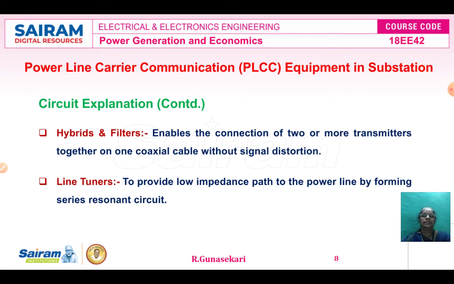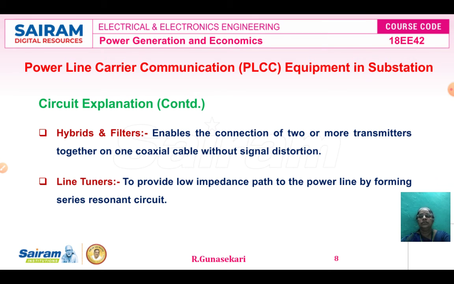The hybrids and filters are used to enable the connection of two or more transmitters together on one coaxial cable without signal distortion. For that purpose only we use hybrids and filters in the power line carrier communication equipment in substations.